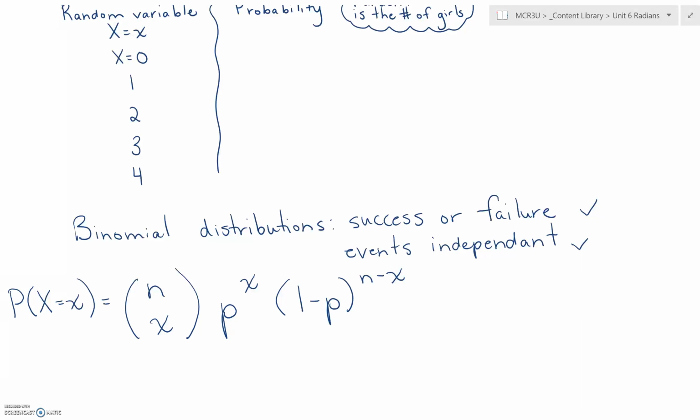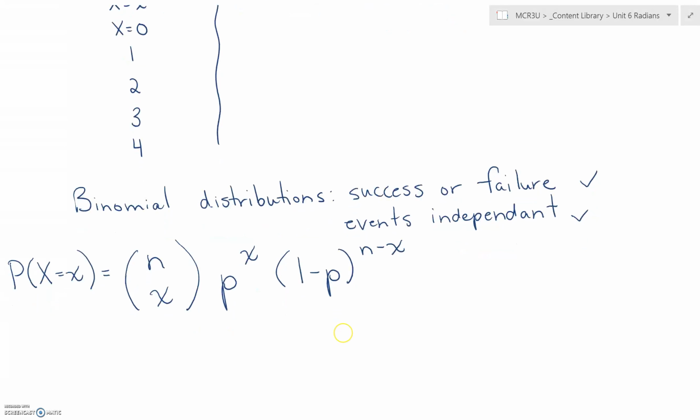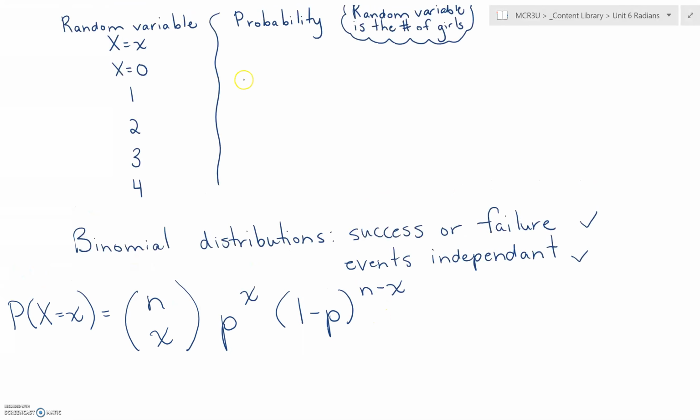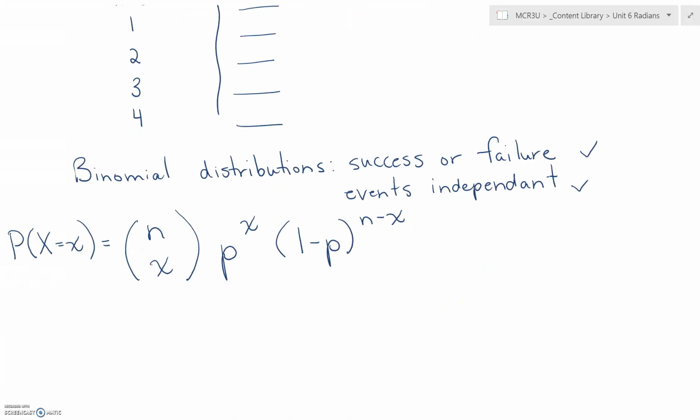In this case, I'll do the work on the side here, and then fill in my table, because I need to find the probability of 0 girls, 1 girl, 2 girls, 3 girls, and finally 4 girls. If we start with the probability of getting 0 girls, remember that capital X represents the number of girls that you want. That's your random variable.